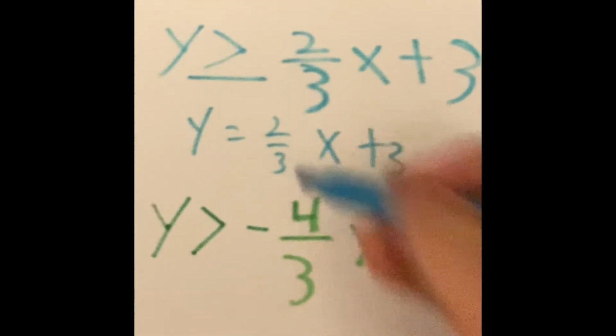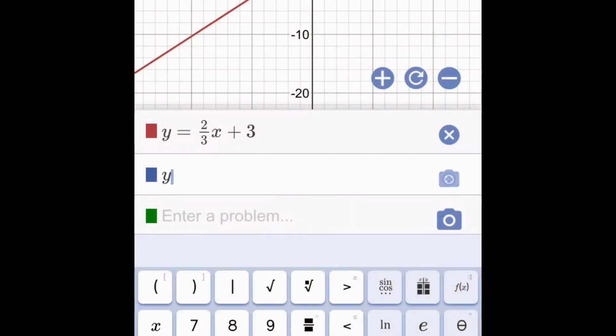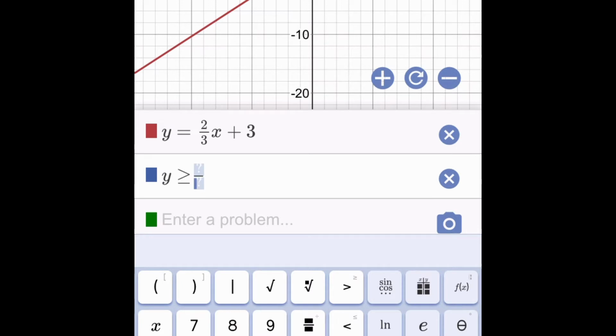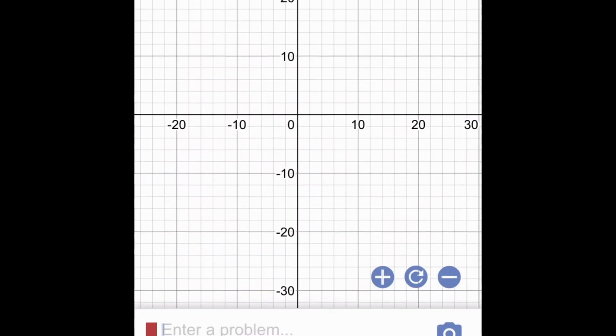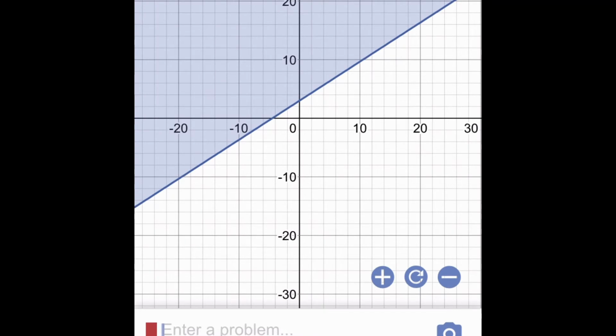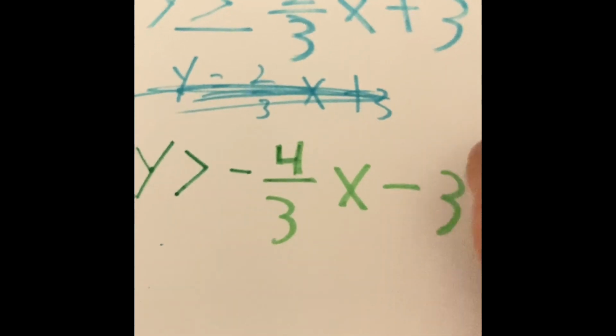Okay, now we get rid of this equal sign and replace it with this sign right here, greater than or equal to. Okay, we now have the blue equation on the graph.